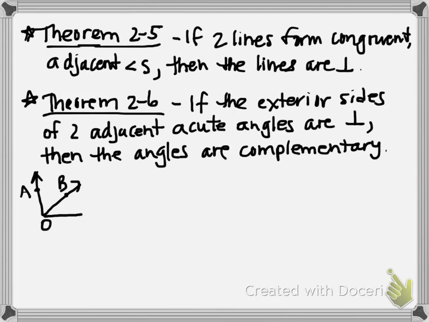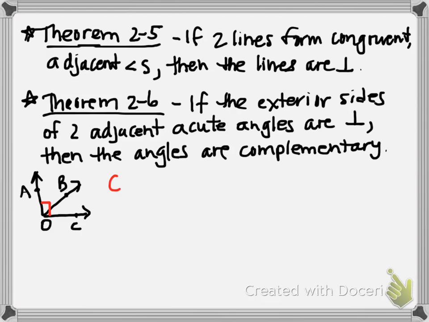And then I've got this guy, and he's ray OC. And if the exterior rays, OC and OA, are perpendicular, then there would be a right angle, and the measure of a right angle is 90, and two angles that add up to 90 are called complementary.